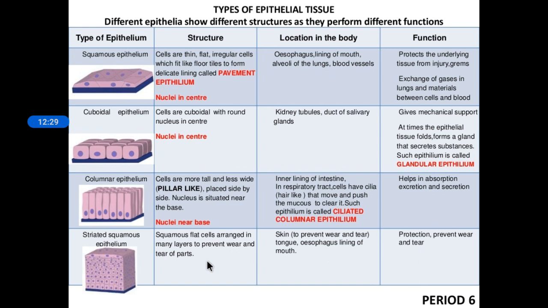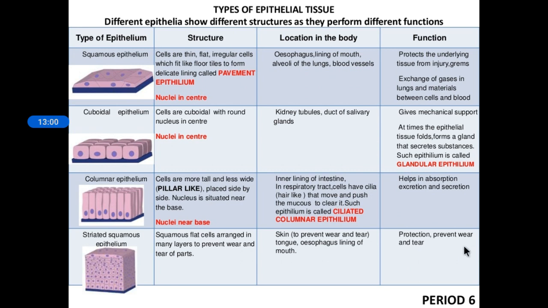Wherever there is a chance of injury or wear and tear, it is present: the skin, the tongue region where we eat hard food, the esophagus, that is the food pipe through which the food goes inside, and the lining of our mouth. So it mainly gives protection as well as preventing wear and tear.